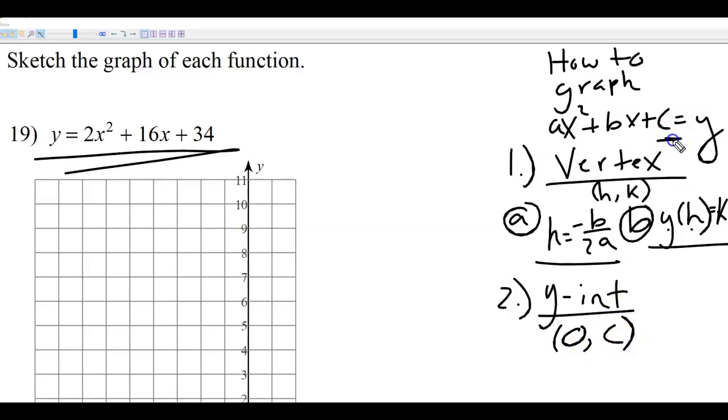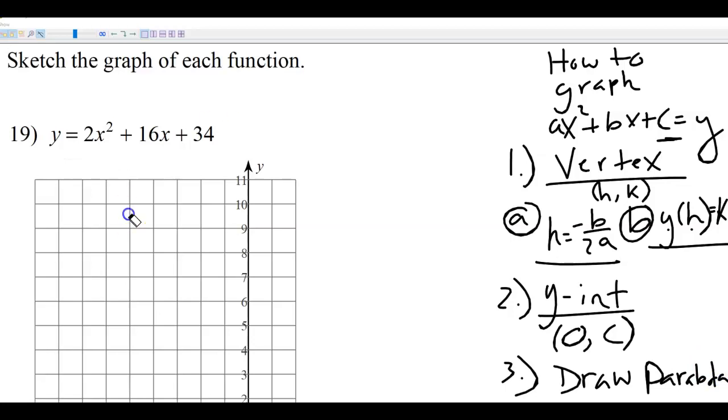So whatever this number is over here, that's your y-intercept. And then finally after that, you just go ahead and draw your parabola. This part could be a little bit tricky though. So I'll show you what I mean when we get there. But there's our steps. So let's go ahead and go through the process here and graph this parabola real quick.